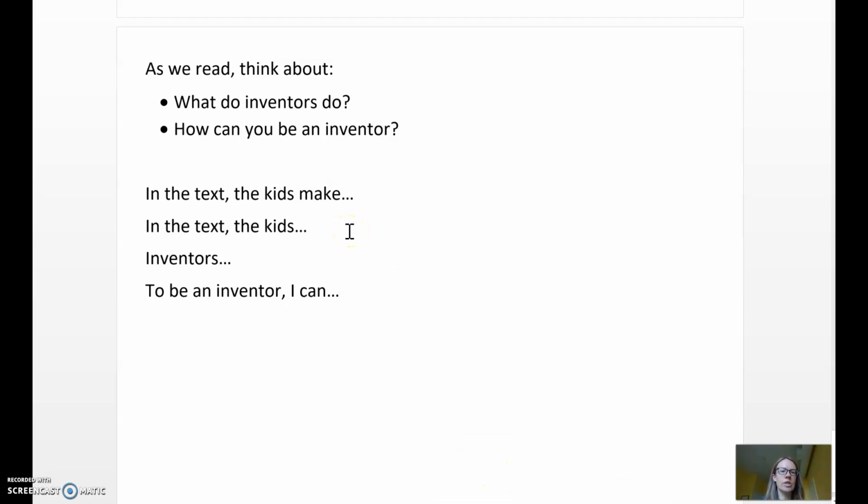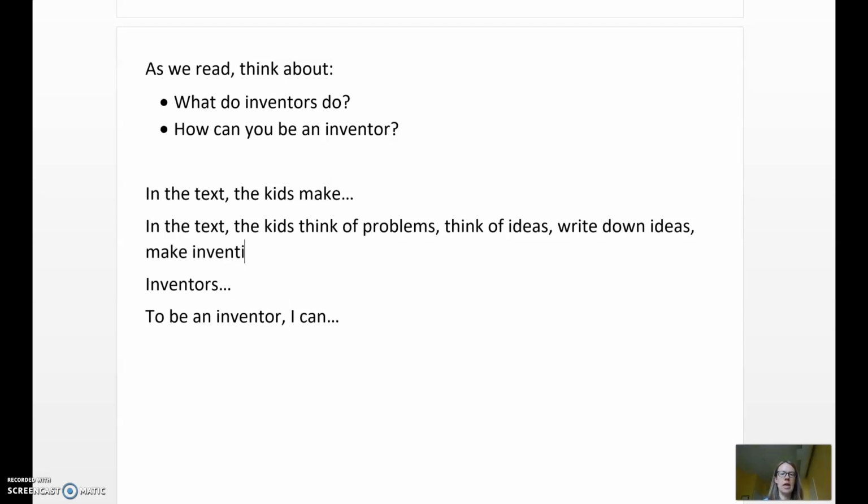I could answer that question by saying, in the text, the kids think of problems, think of ideas, write down ideas, make inventions to solve the problem. These are all different ways that I could complete this sentence.